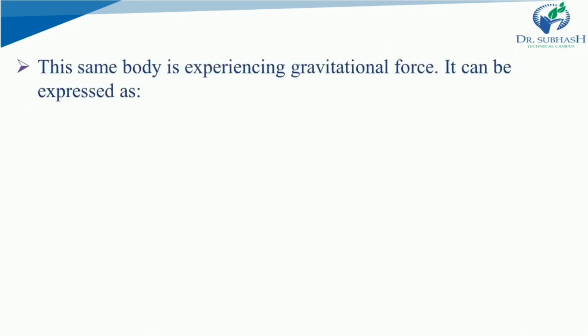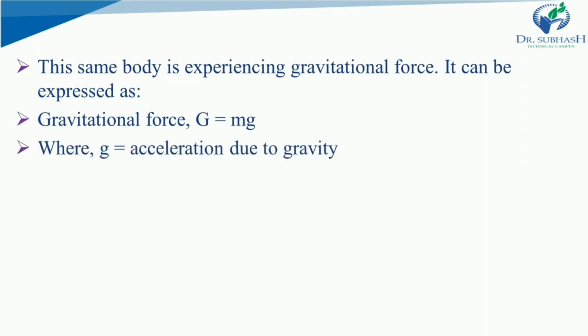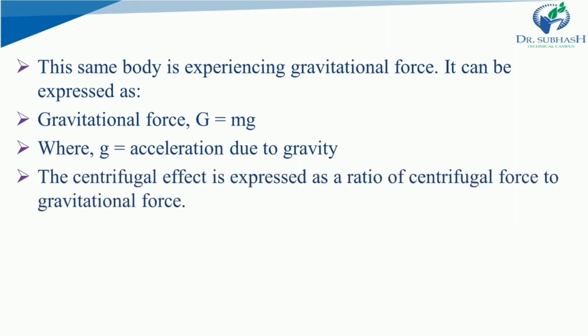Now just imagine that this same body is experiencing gravitational force. Then how can you express it mathematically? Gravitational force G is equal to mg, where small g is acceleration due to gravity. This you might have studied in physics, right? The centrifugal effect is expressed as a ratio of centrifugal force to gravitational force.